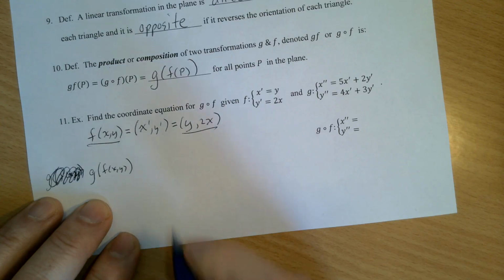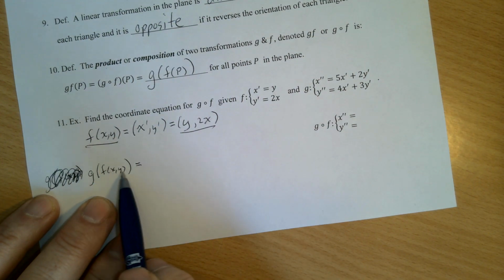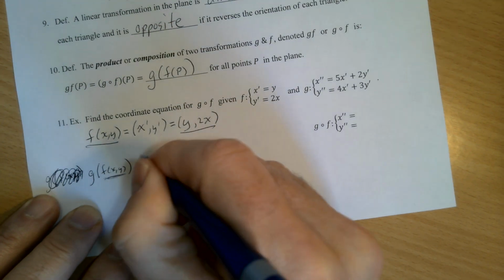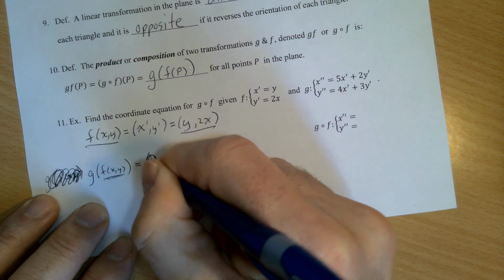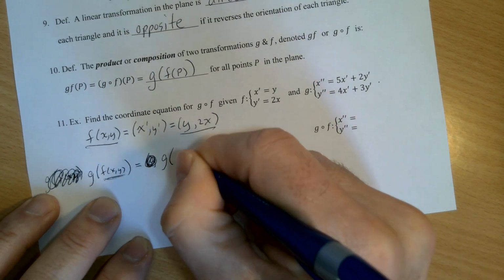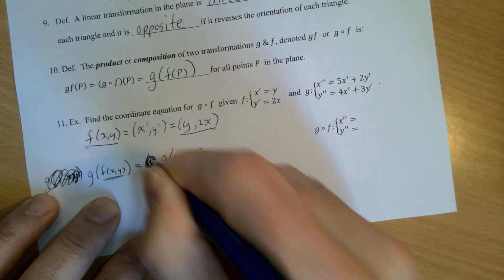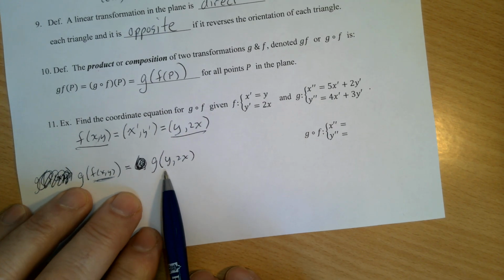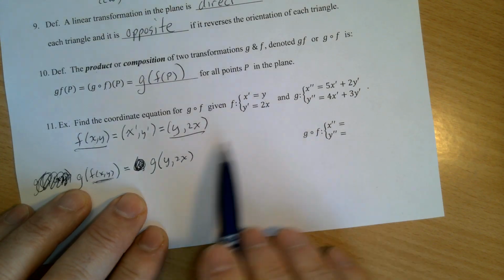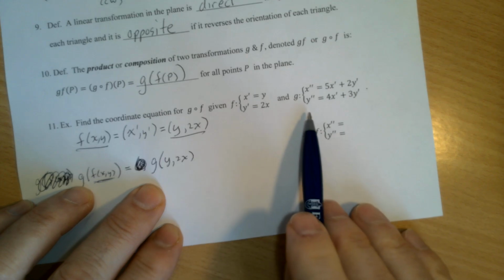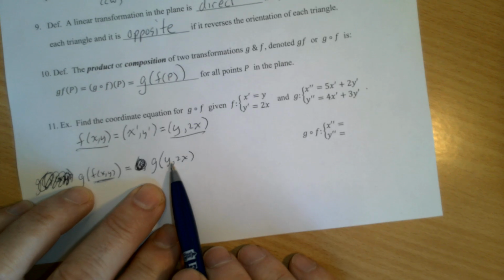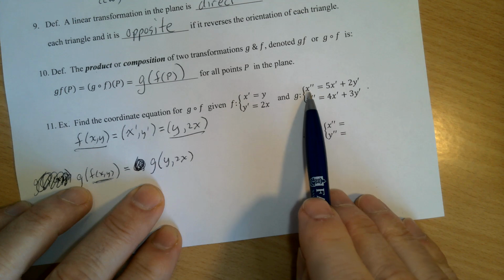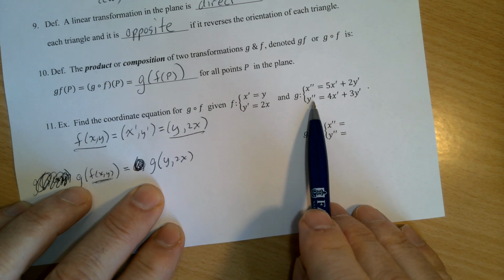Well, the first step we do is just substitution. What is F of (x, y)? What do we have on the inside here? F of (x, y) is this: G of (y, 2x). Let's simplify this now. What does G do to an ordered pair? This is really acting like (x prime, y prime), and we need to find (x double prime, y double prime).